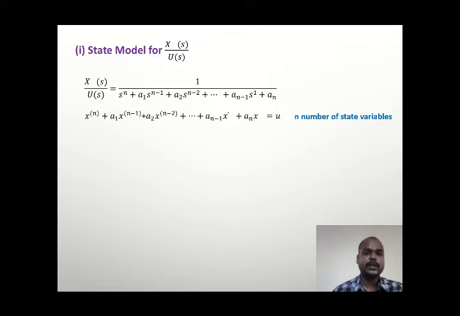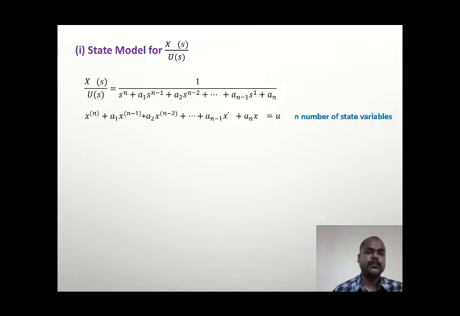When we multiply both sides, we can obtain U equal to X(s) times multiple of these variables: s to the power n, a1 s to the power n minus 1, and so on. We know that a multiple of s in any variable means we have that much order of that variable in time domain. Right now this X(s) gets multiplied by s to the power n.